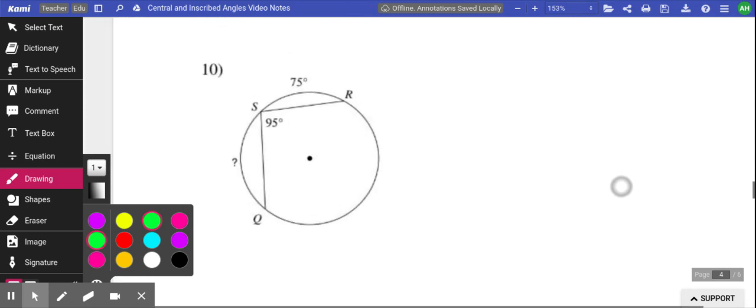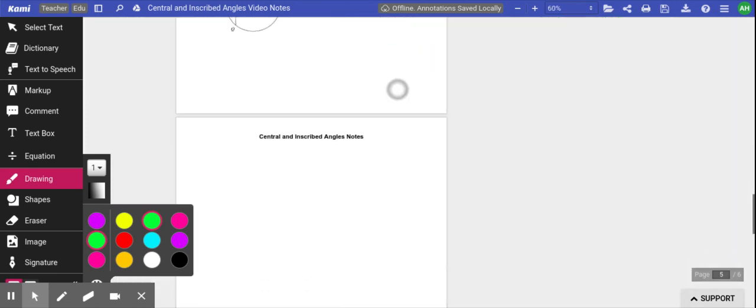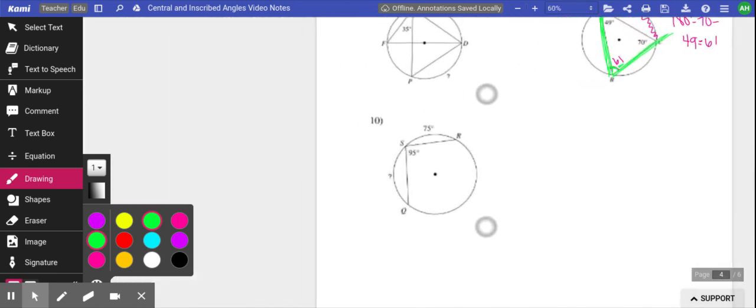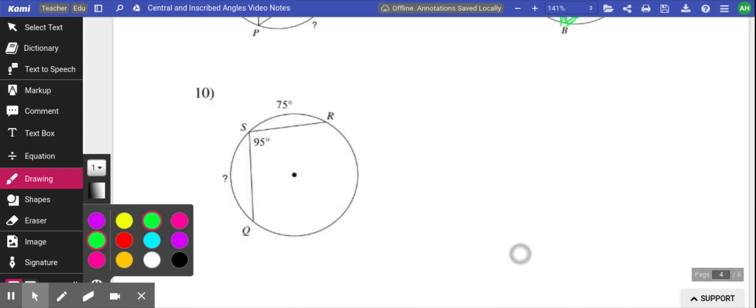Okay, and I believe this is our last one. All right, last one. So this one, we see that this is 95. If you draw these lines out, this squiggly part is going to be 95 times 2, which is 190.